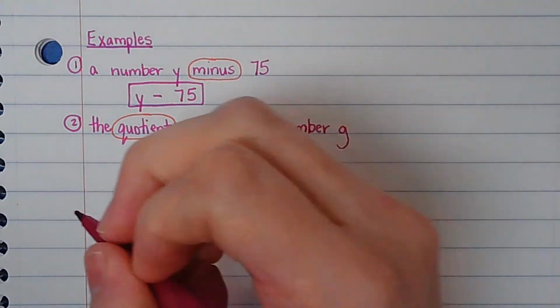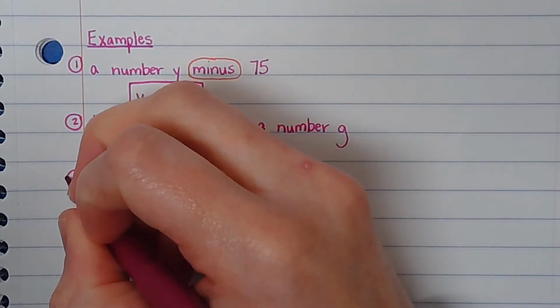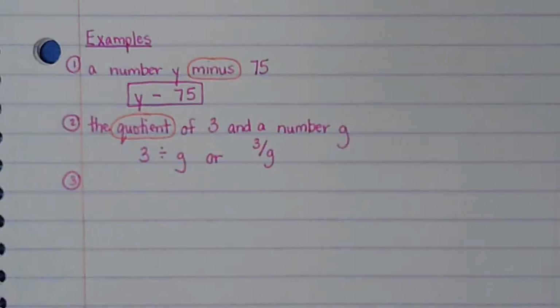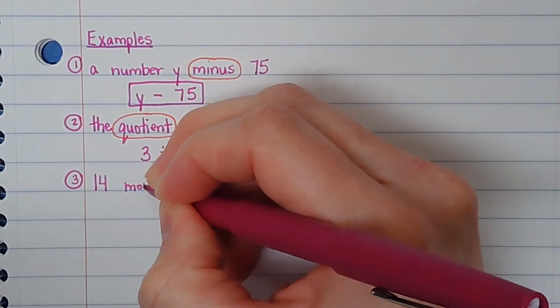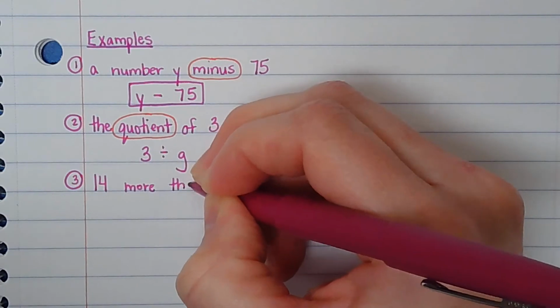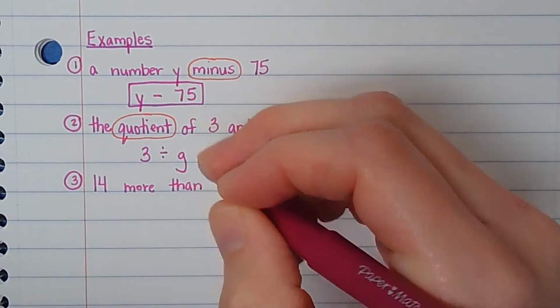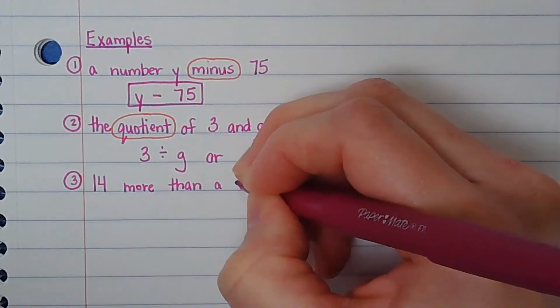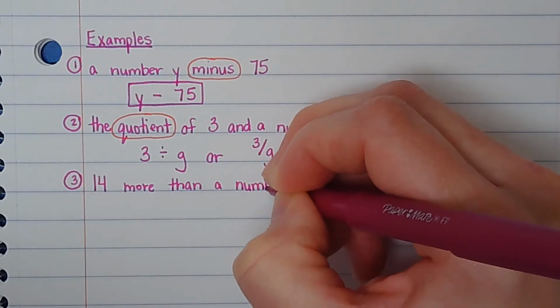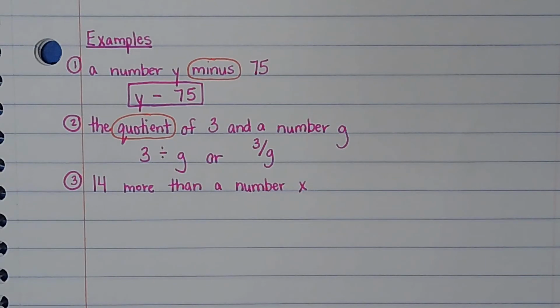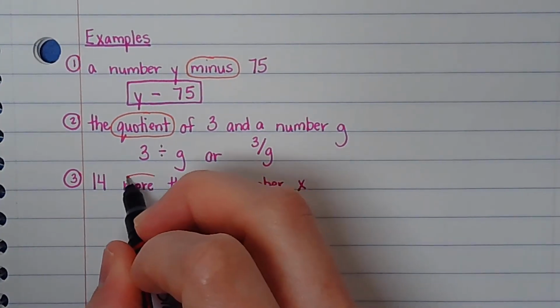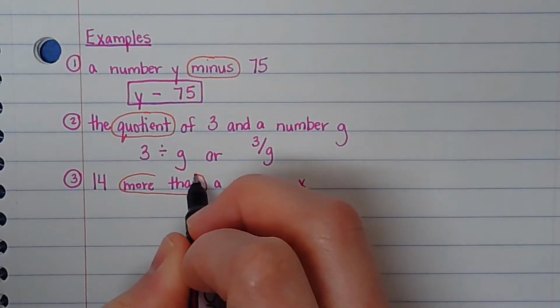All right, next one. 14 more than a number X. Okay, so let's find that keyword that tells me what operation I'm using, and my keyword is more than.